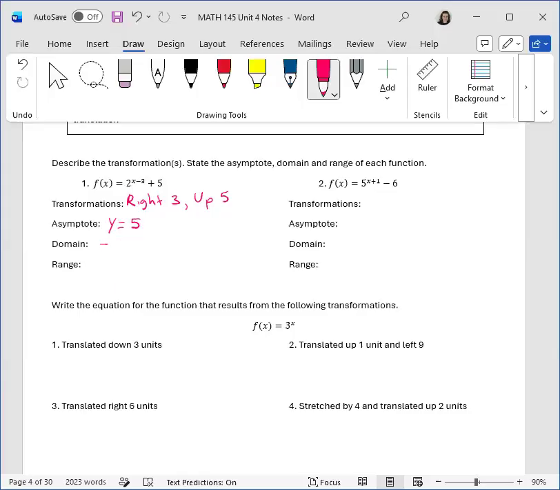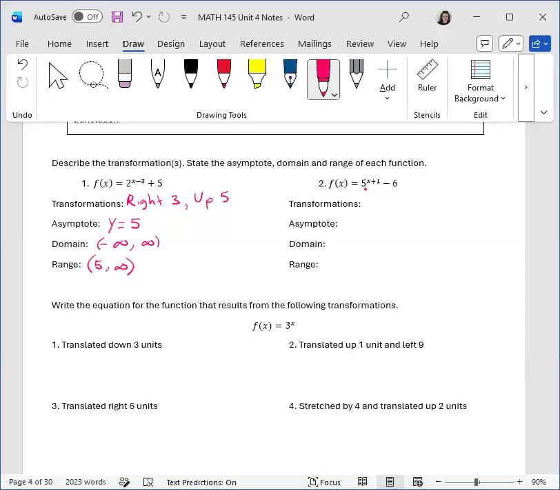The domain of the function will always be negative infinity to infinity. You can plug any value in for x, but your values for y, since this is a growth function and it's shifting up 5, it's never going to go below the line y equals 5. So our range is going to be 5 to infinity.